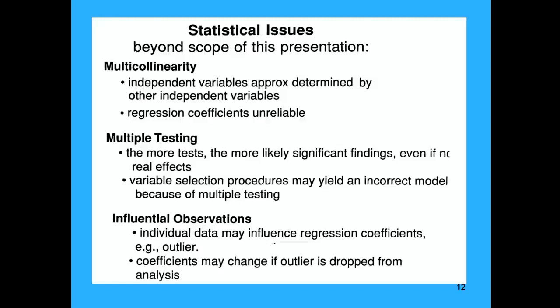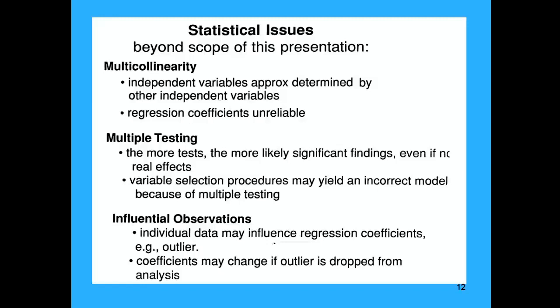So that's influential observations. Coefficients may change. Now, there is this thing called an outlier. You know what an outlier is? An outlier may not be an influential observation. What's an outlier? That's a person whose value for one of the predictors is way out of range, like if you're measuring their age, they're 103 years old, and maybe you don't want anybody like that in there. That's an outlier.